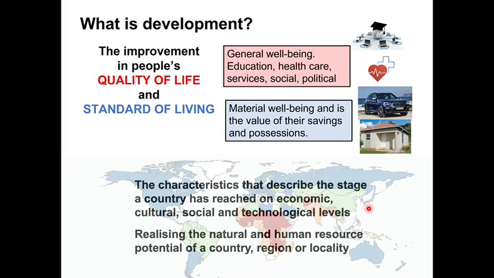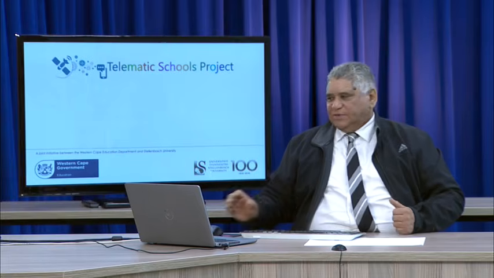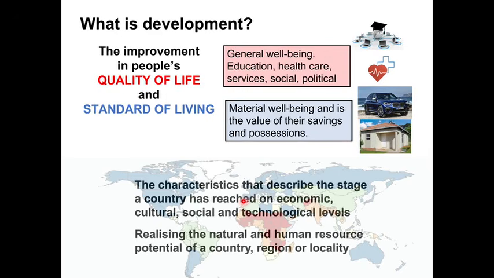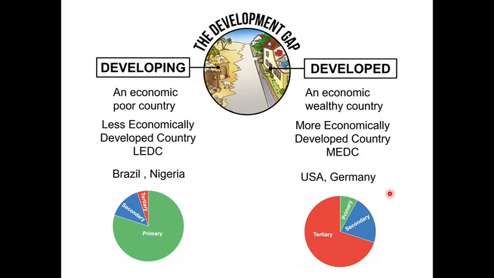Because if you look at that paragraph, you will immediately notice that the level the country has reached in two countries won't be the same. In a group of countries won't be the same. So we must have a look at the economic, cultural, social, and technological levels.